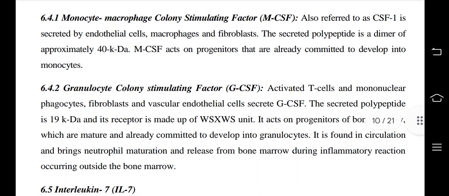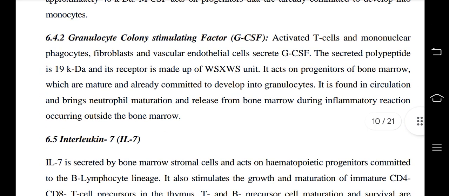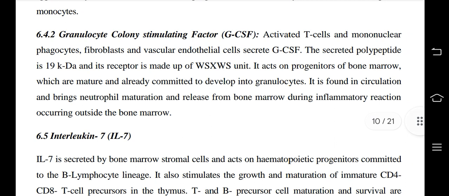Then monocyte macrophage colony stimulating factor, or MCSF, also referred to as CSF1, is secreted by endothelial cells, macrophages, and fibroblasts. The secreted polypeptide is a dimer of approximately 40 kilodalton. MCSF acts on progenitors that are already committed to develop into monocytes. Granulocyte colony stimulating factor, GCSF: activated T cells and mononuclear phagocytes, fibroblasts, and vascular endothelial cells secrete GCSF.